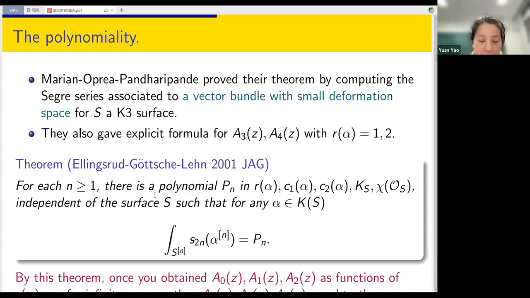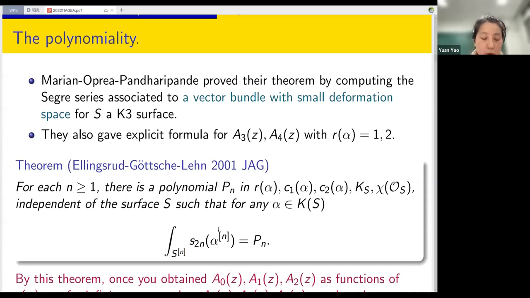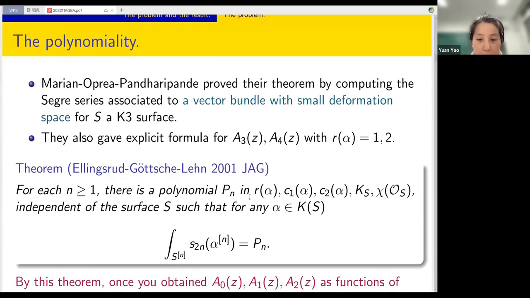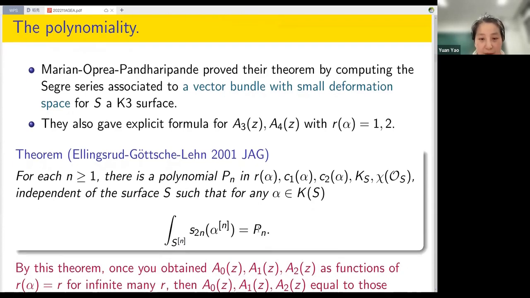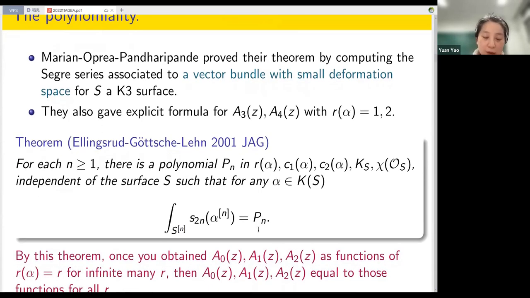This polynomial itself is independent of the surface. The contribution of the surface is in the canonical line bundle and this chi. So it should be a polynomial in the rank R. Once you have this polynomial equal to some polynomial for infinitely many ranks, then this polynomial can be determined.